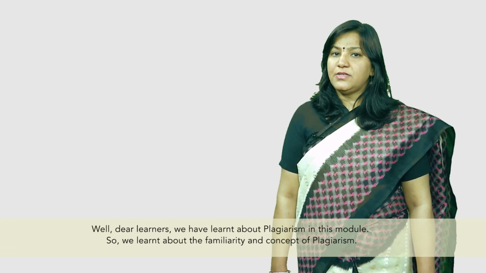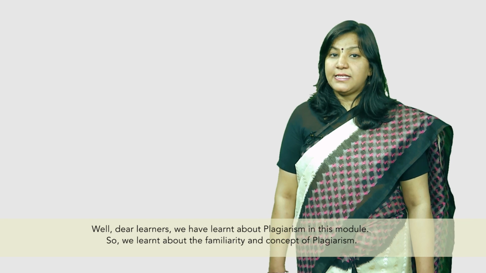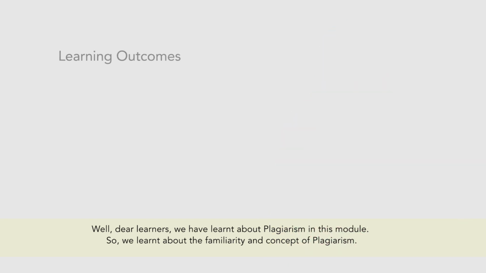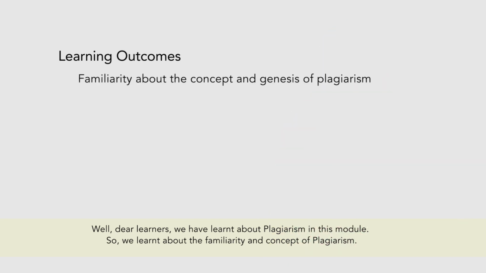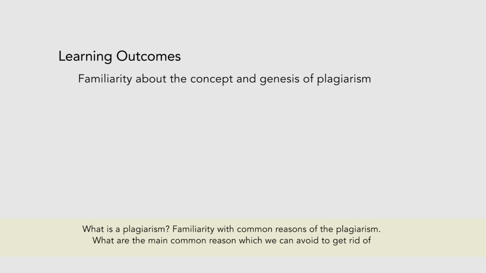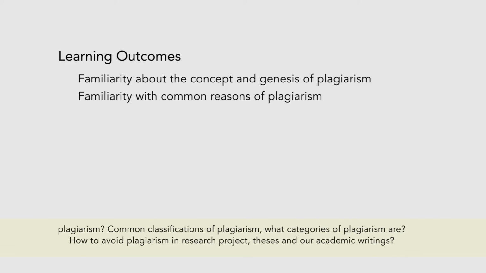Dear learners, we have learned about plagiarism in this module. We have learned about the familiarity and concept of plagiarism. What is plagiarism? Familiarity with common reasons for plagiarism. What are the main common reasons which we can avoid to get rid of plagiarism? Common classifications of plagiarism. What categories of plagiarism are there?